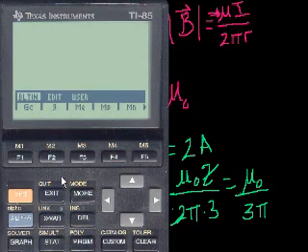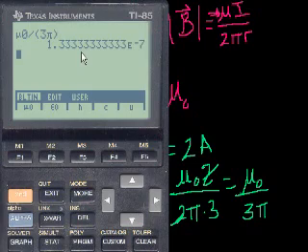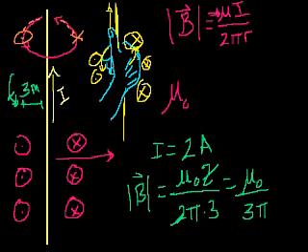You press more. Not one of those. You press more. Oh, look at that. Mu naught, the permeability of free space. That's what I need, and I have to divide it by 3 pi. Where is pi? There it is, over the power sign. Divided by 3 pi, it equals 1.3 times 10 to the negative 7th.